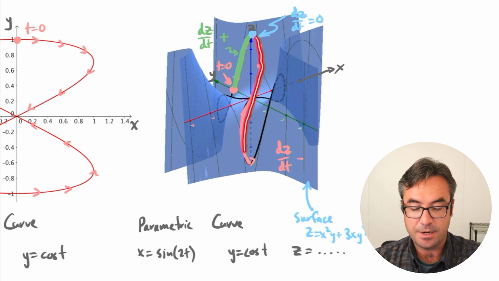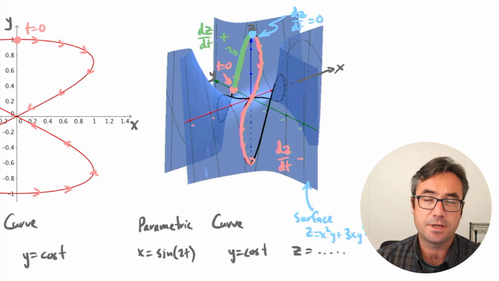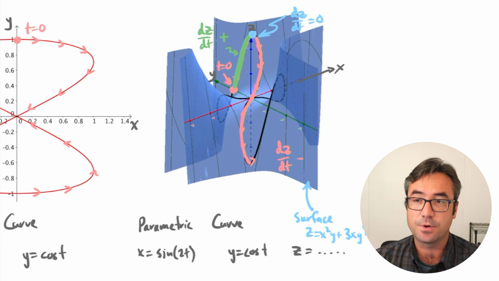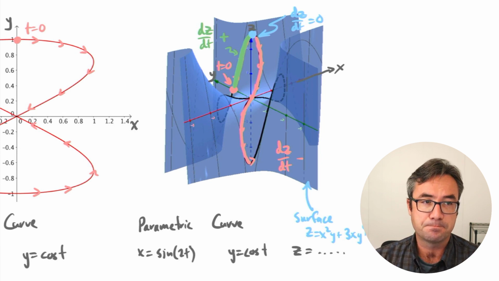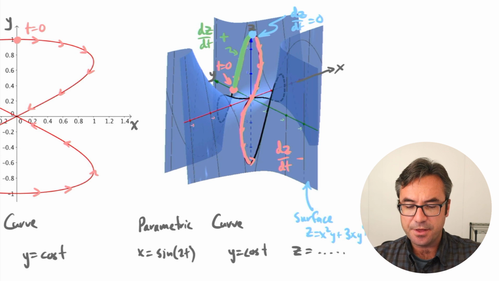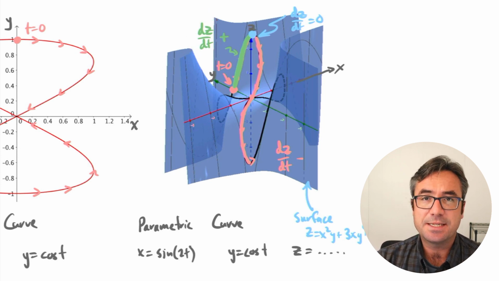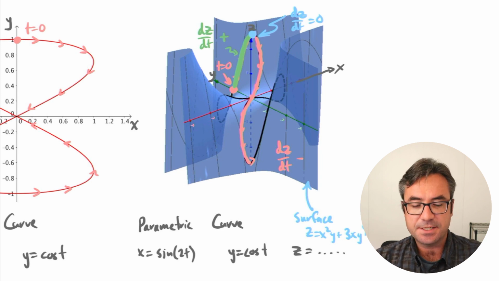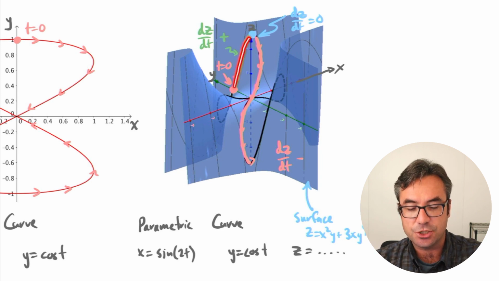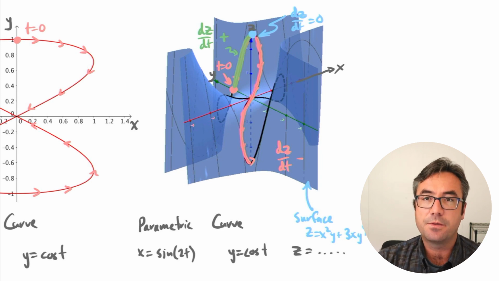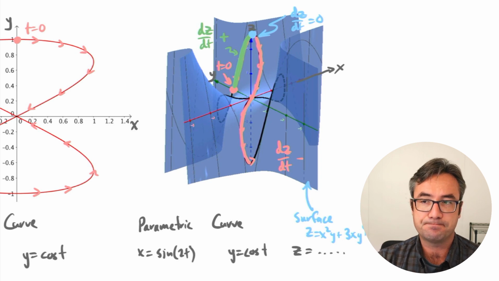So that's what we're seeing right here, is the height of our particle is decreasing. So the derivative there would be negative. So you want to think of this derivative dz with respect to time as telling us how our elevation changes as we're moving along this parametric curve.